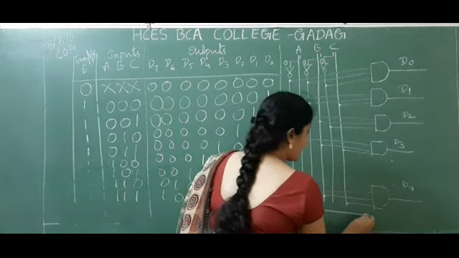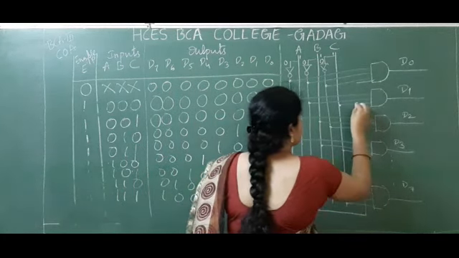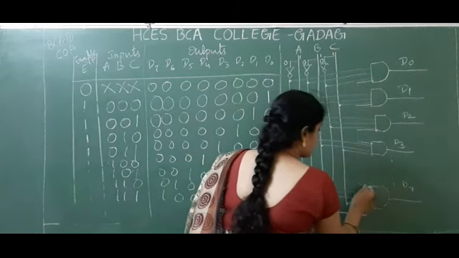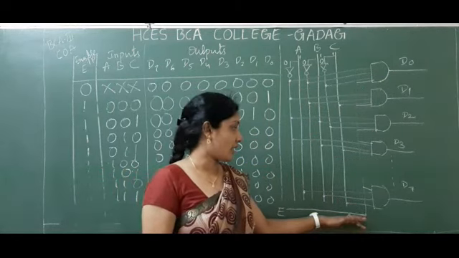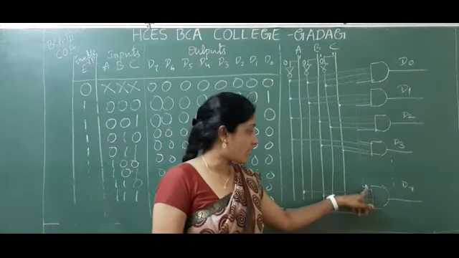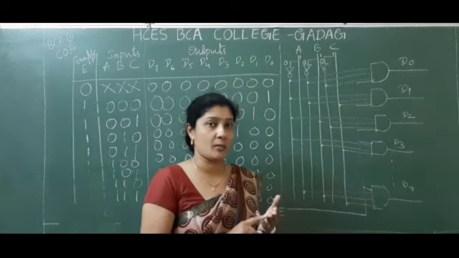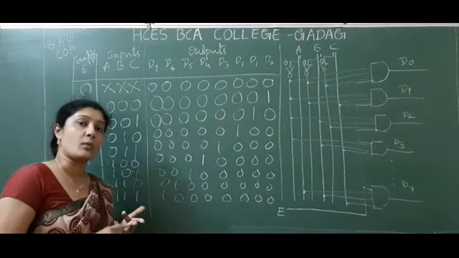Enable. Let us connect enable everywhere. So this is how enabling is connected. So every output is having 4 inputs, 3 ABC and one more is enable. So this is how the 3:8 decoder works.